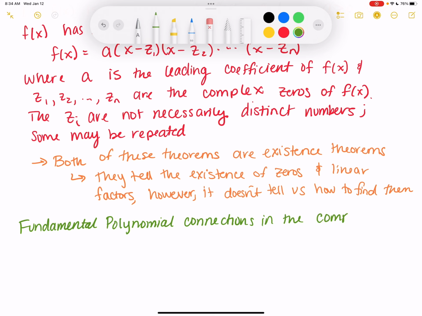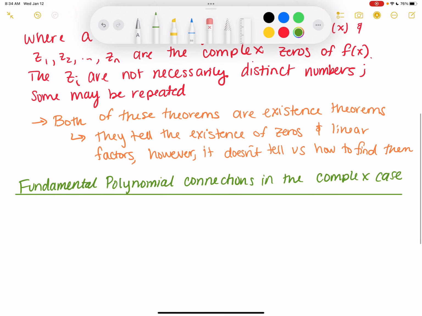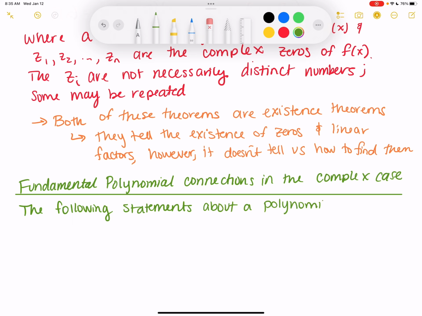In the complex case, the following statements about a polynomial function f are equivalent if k is a complex number.